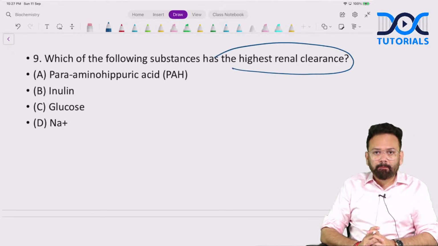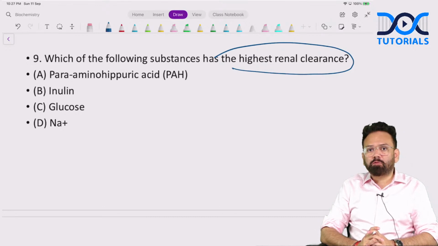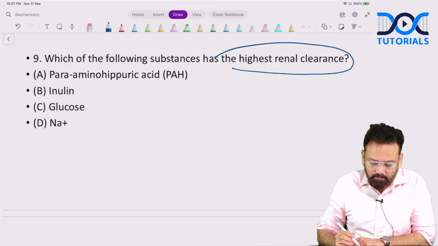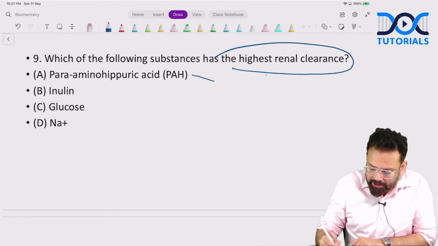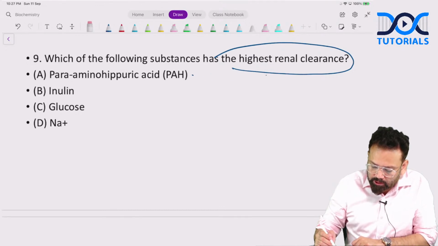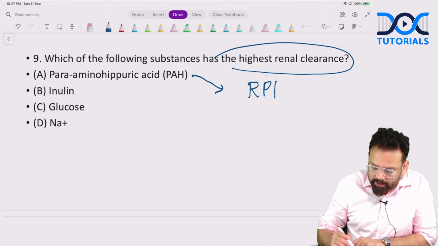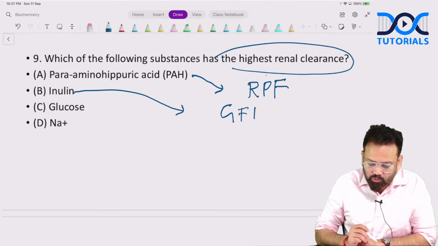What is the answer? PAH. You know that PAH is used for measurement of renal plasma flow. Inulin is used for measurement of GFR. Glucose does not go outside. So what is the answer?